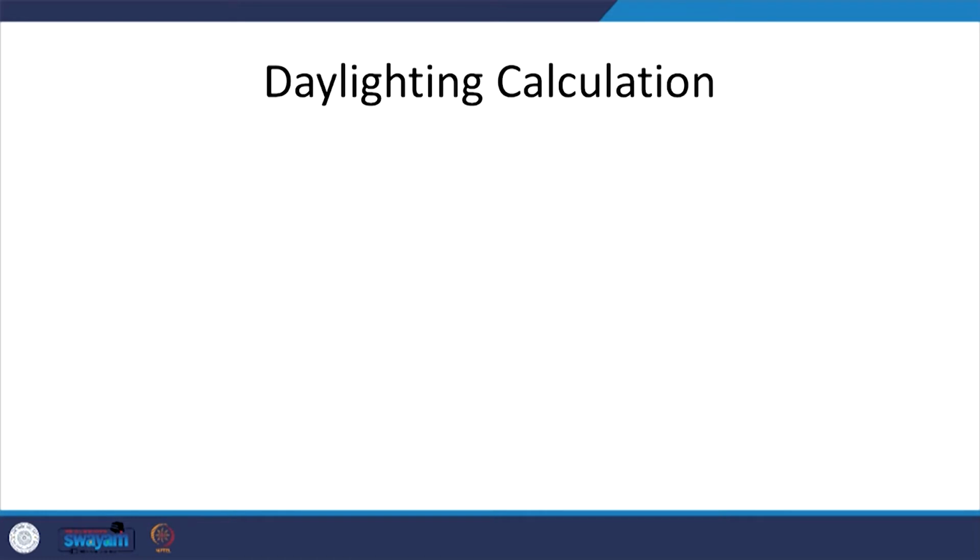Today we are going to look at the digital method of daylighting calculation for compliance to green building rating systems. As we have already seen, almost all the green building rating programs across the world place emphasis on allowing daylight to enter the building, and different rating programs have different criteria.